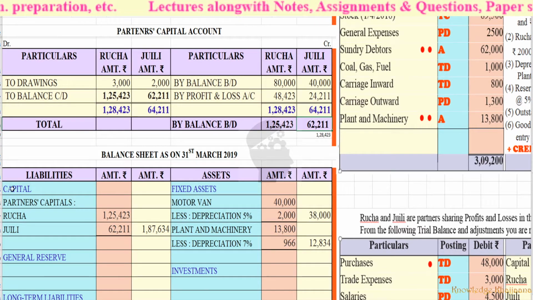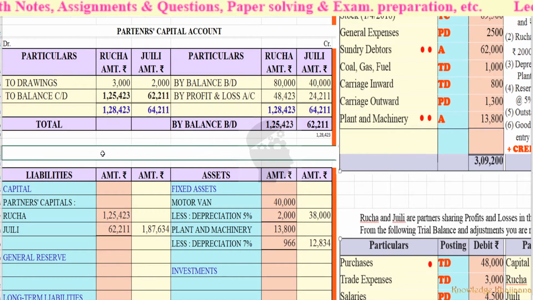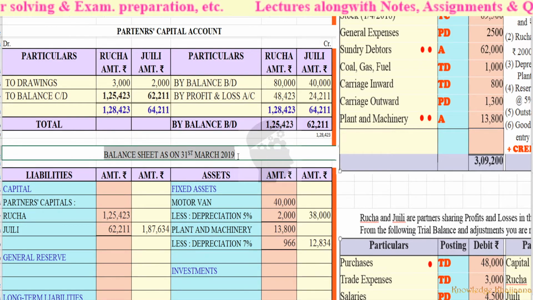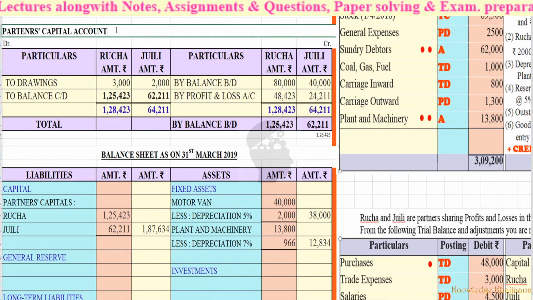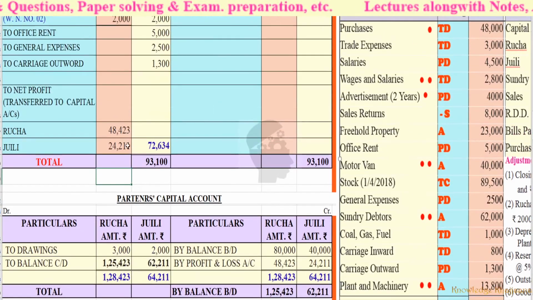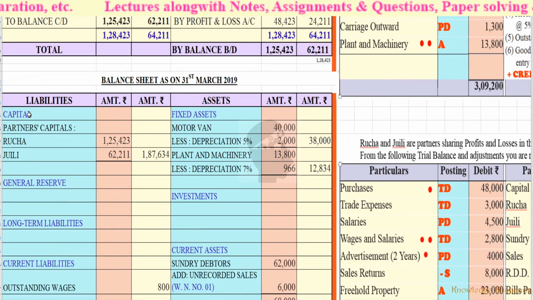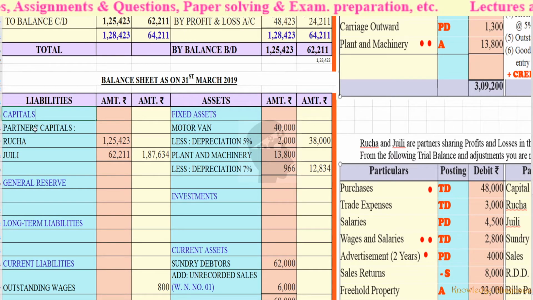So Rucha's amount, this is the balance sheet, right? Balance sheet will carry the same amount, partner's capital.